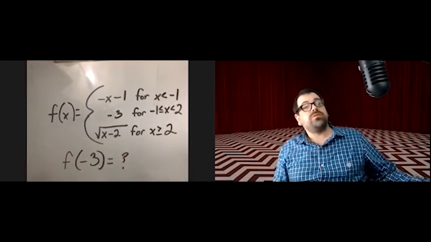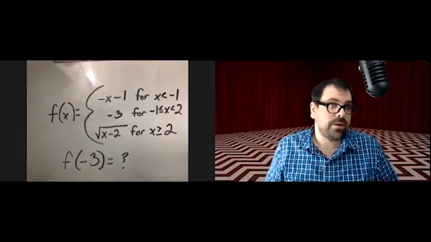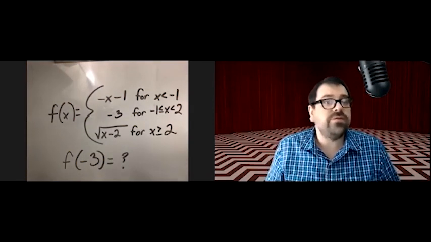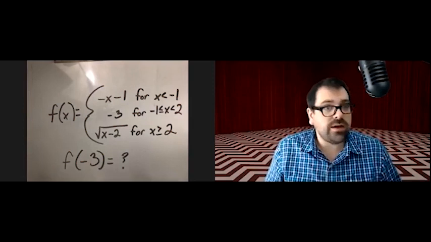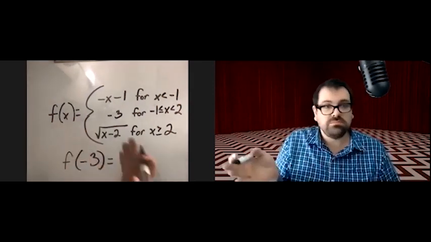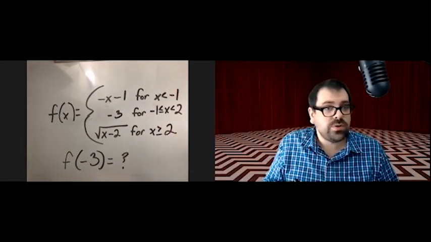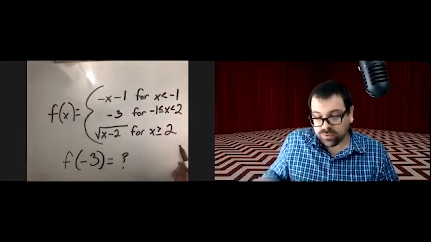My first question for you is, what is f of -3? Well, normally to find f of -3, we plug -3 into the function. But which one do we plug it into? Well, we look at the rule.